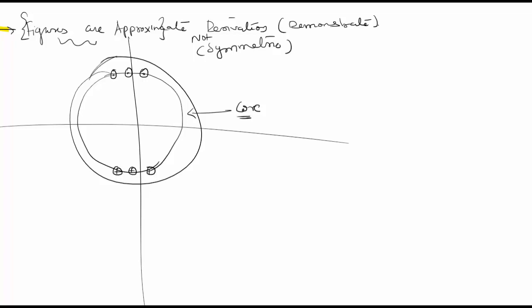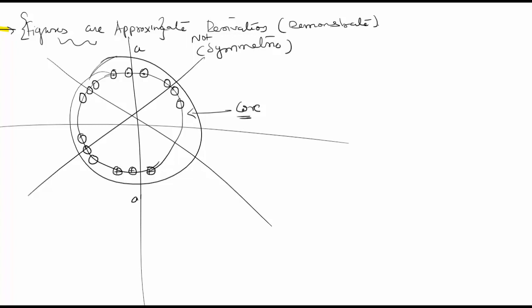three phases, this is my phase A and this is my phase A dash. If you can see this arrangement, it is like this.